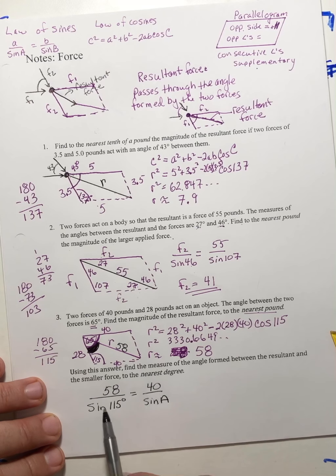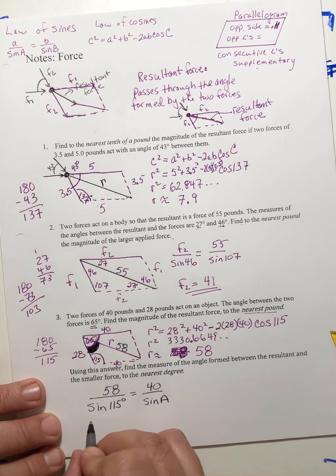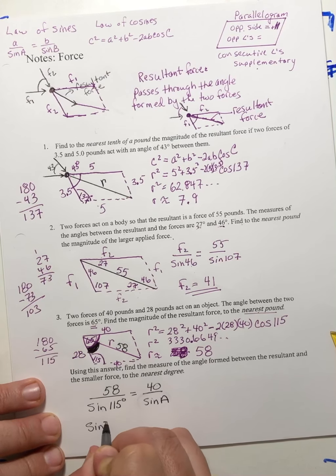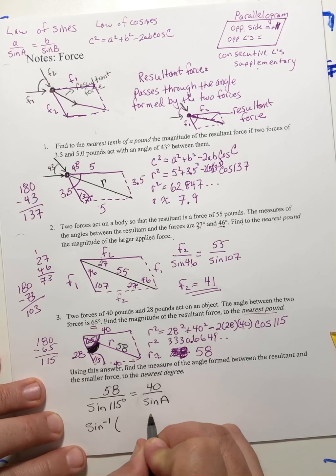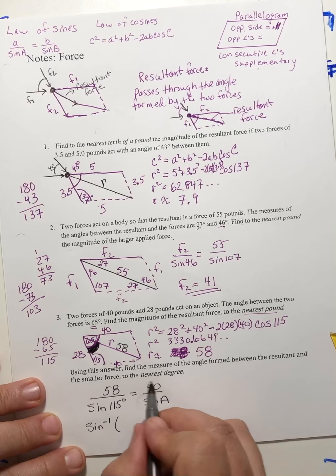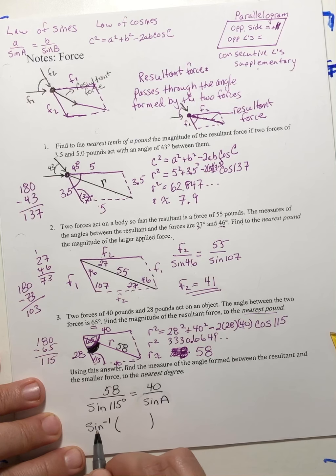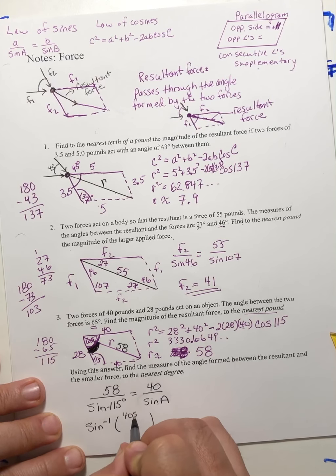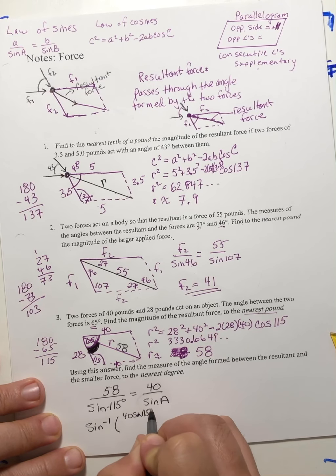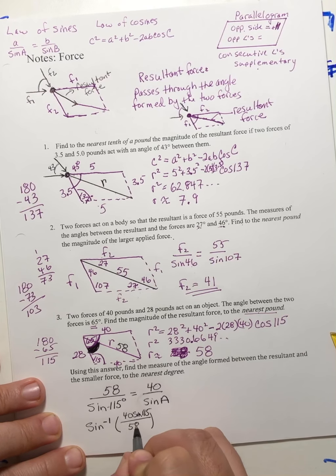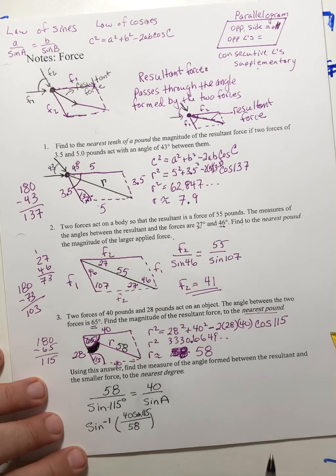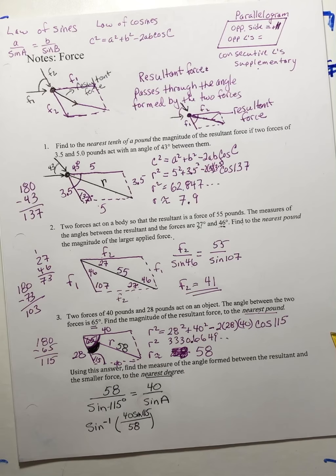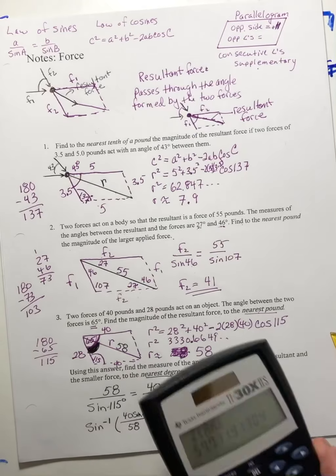So we're going to multiply these two, divide by the 58, and then we're going to do inverse sine.